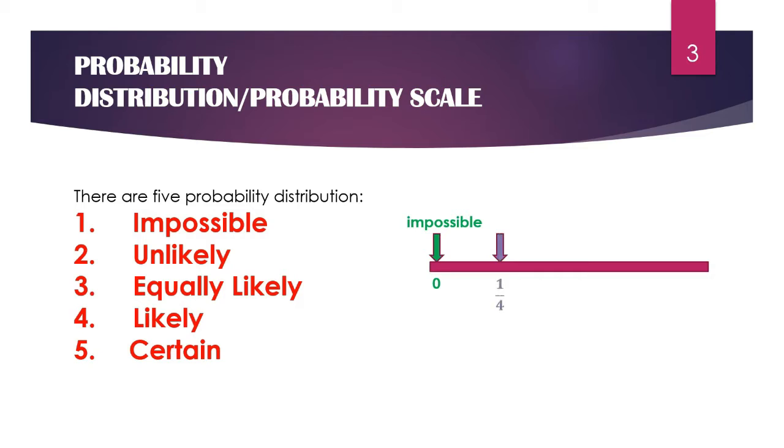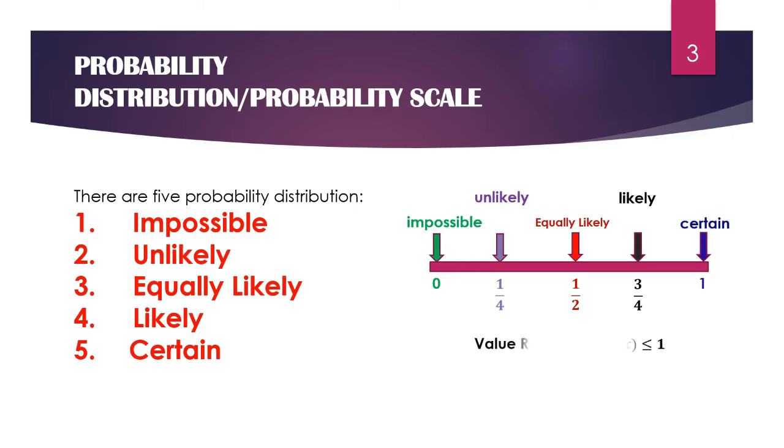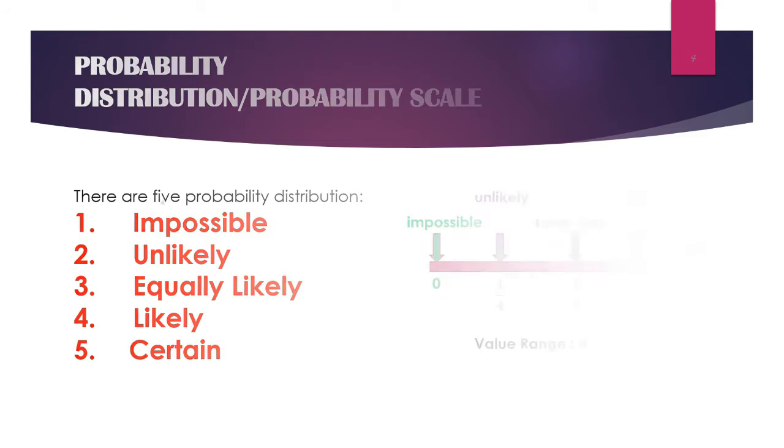When the probability is a quarter, we call it unlikely. When the probability is a half, we call that equally likely. When the probability is 3 over 4, we call it likely. And when the probability is 1, we call that certain. Number 1, you have to remember the probability range is from 0 to 1.